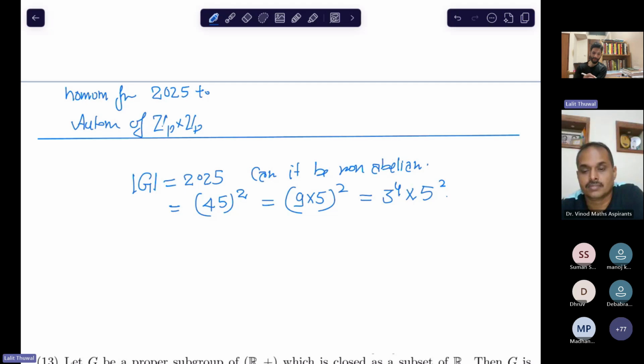Can you give me an example of a non-abelian group? Yes, sir. The first one is the group of 2 by 2 matrices over the field Z5. Which group? Sir, the upper triangular matrices with diagonal elements 1, and the other one is Z5 cross Z5.